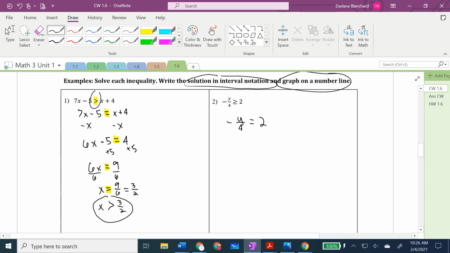Maybe what you first see is multiply by -1. Be aware that you just multiplied by -1. That causes this to swap. So right now that has been changed to the other direction.